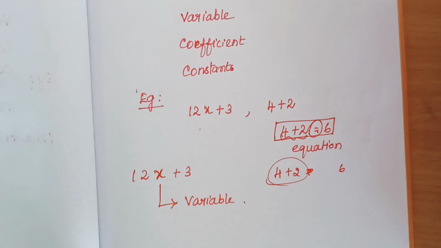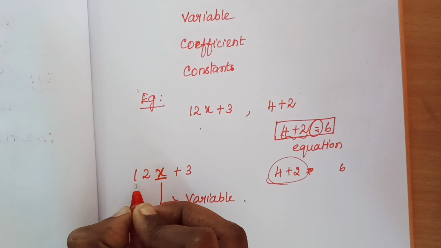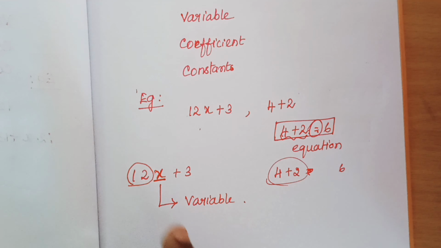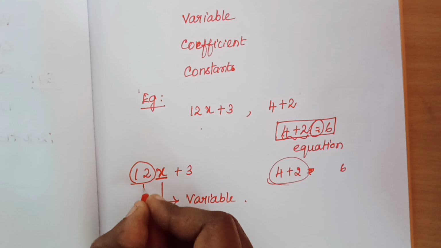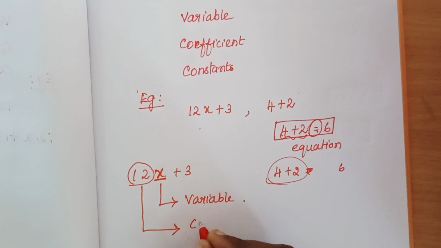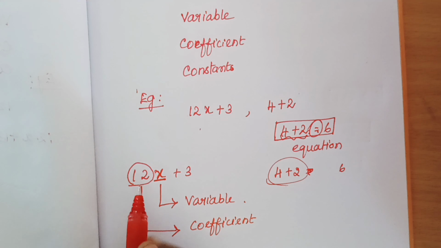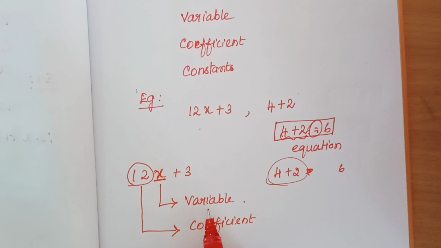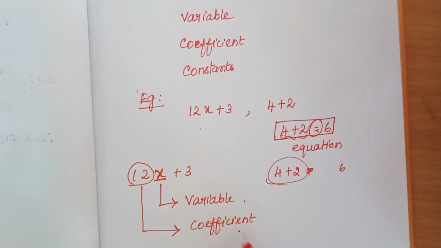So x is a variable. Near the x, what is the term you have here? This is called a coefficient. Clear? So x is called the variable and 12 is called the coefficient.